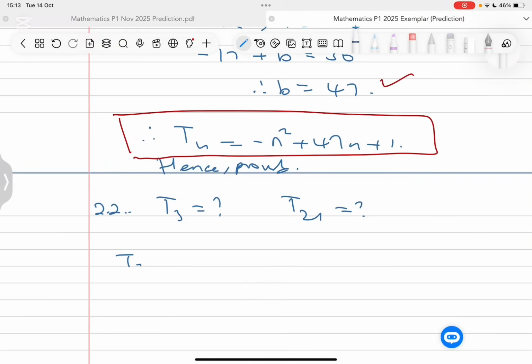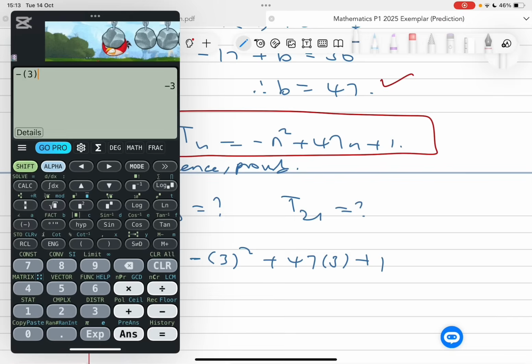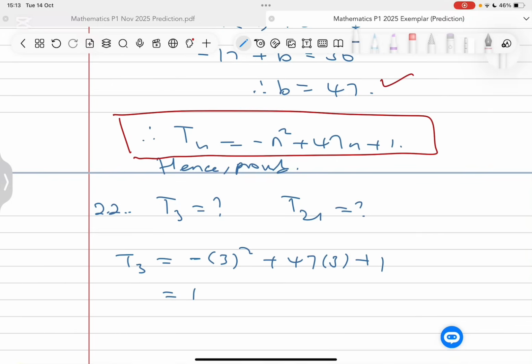So if we say T3, term 3, I'm having negative 3 squared plus 47 times 3 plus 1. And we can quickly pull a calculator to do that, 3 squared plus 47 times 3 plus 1. And that gives us here 133 as the third term.